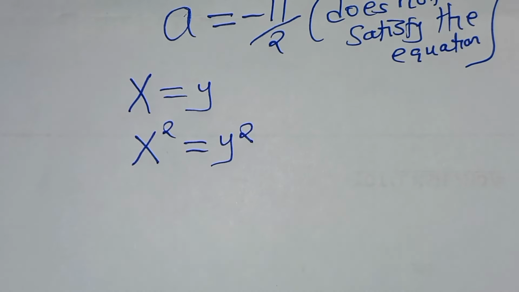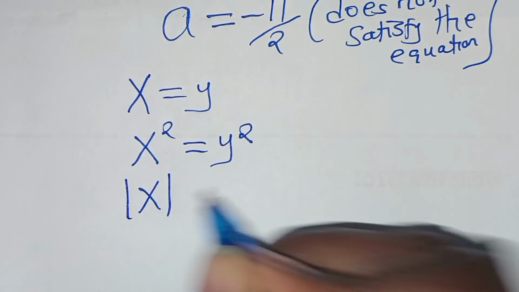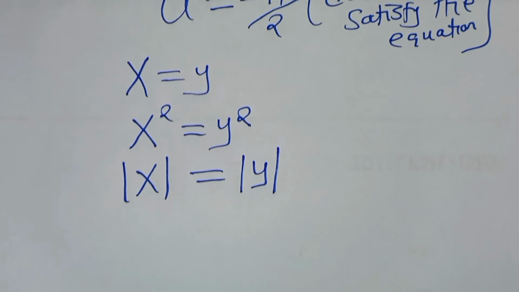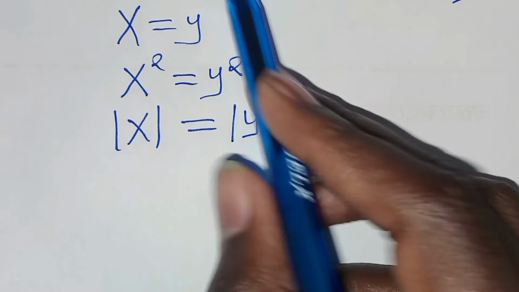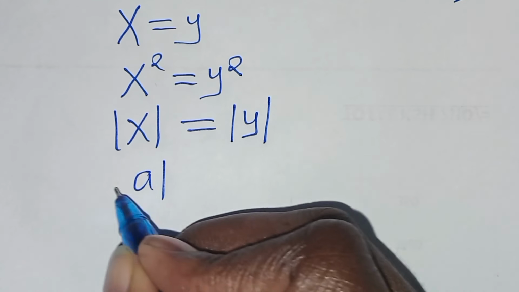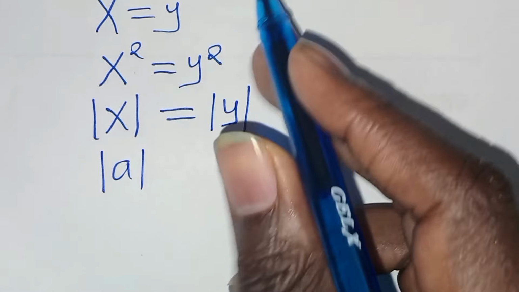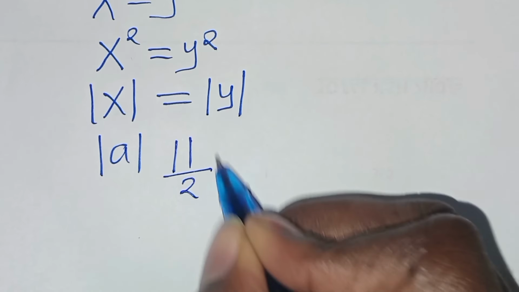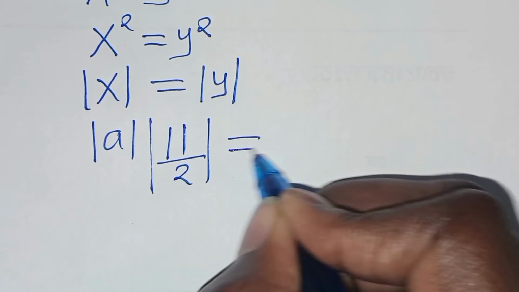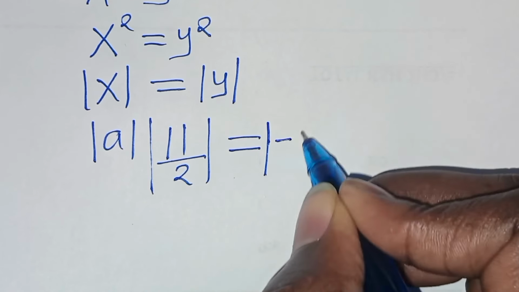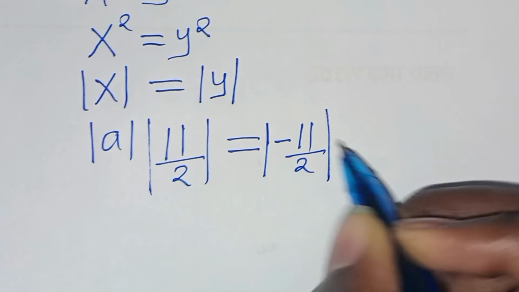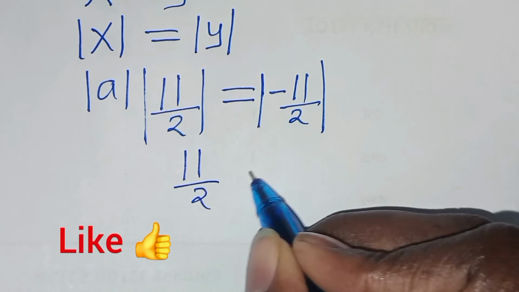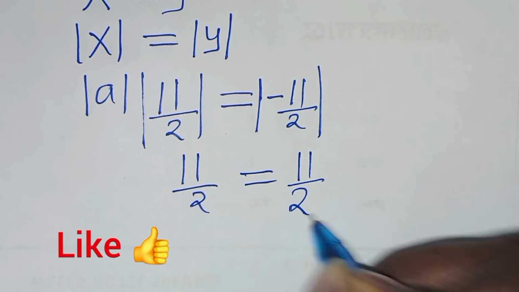This implies that the absolute value of x is equal to the absolute value of y. So the absolute value of a, which is 11 over 2 in absolute terms, is equal to the absolute value of minus 11 over 2. This is the magnitude, so 11 over 2 will be equal to 11 over 2.